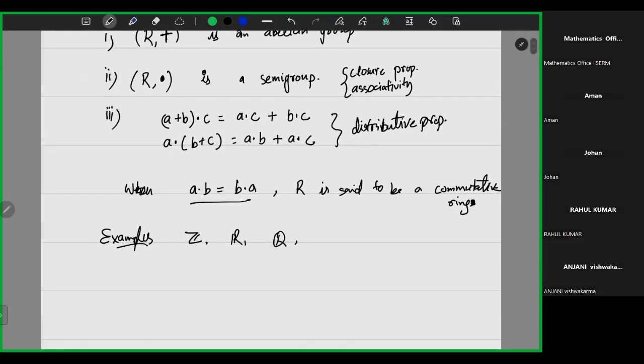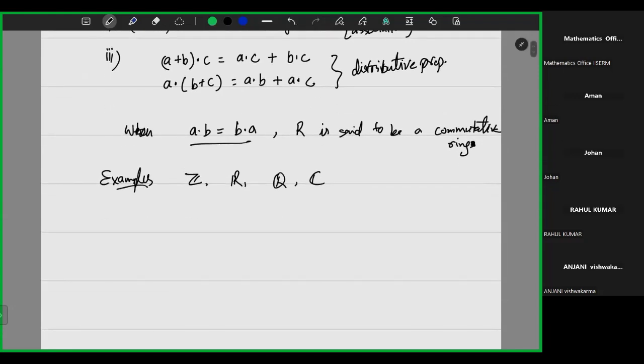Here are some examples: Z, Q, R, C (complex numbers), and polynomial rings, which is the material of the second lecture. So what are polynomial rings? For example, Z[x].